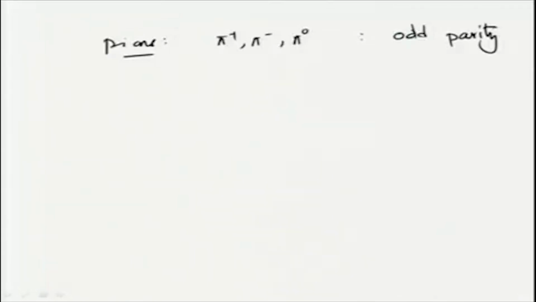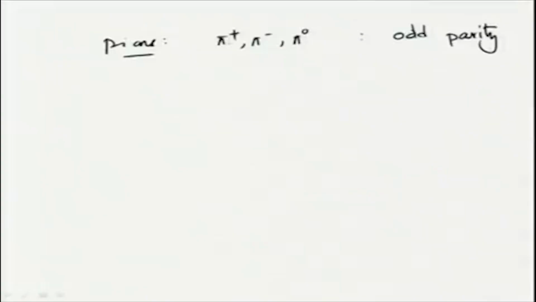We will not go into how one determines this or how one actually assigns this. There is a consistent way of doing it. This has been done, and now let us look at one particular reaction.